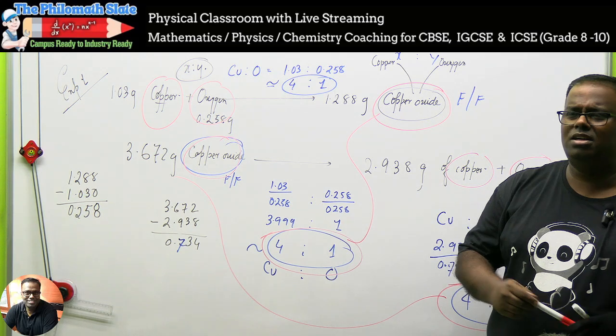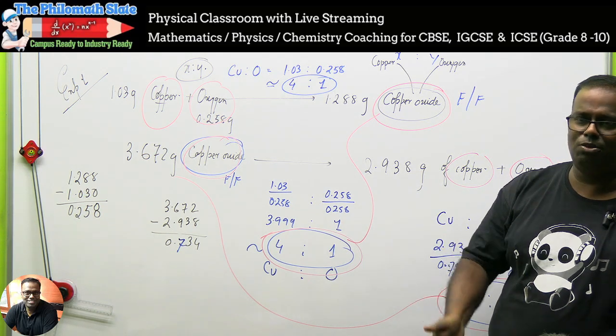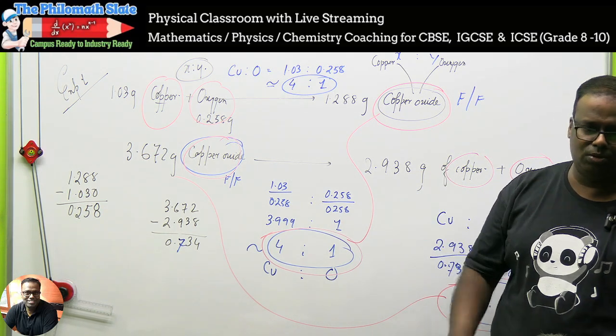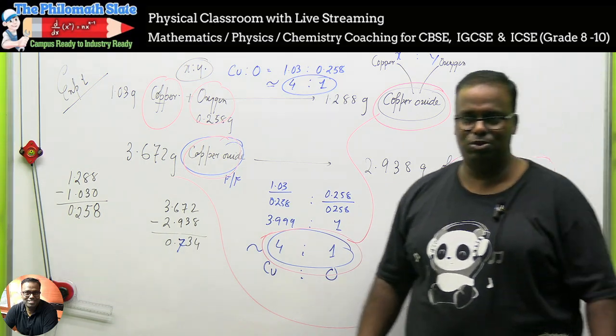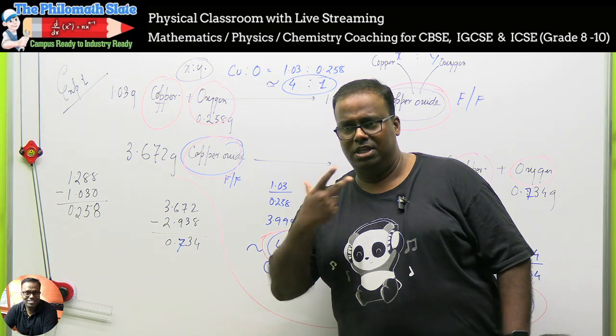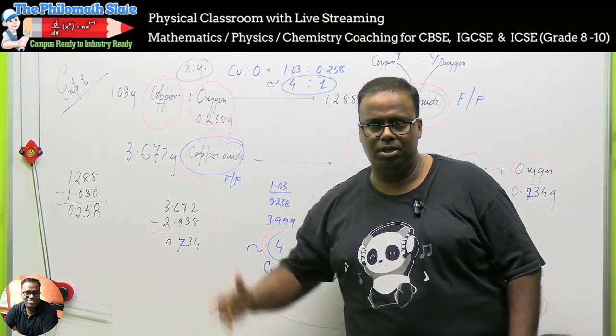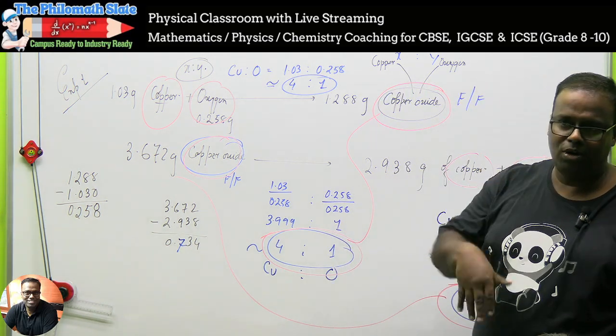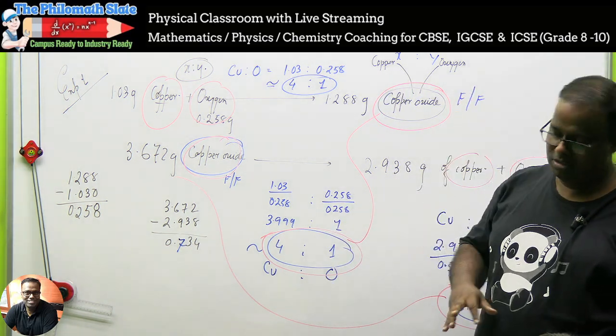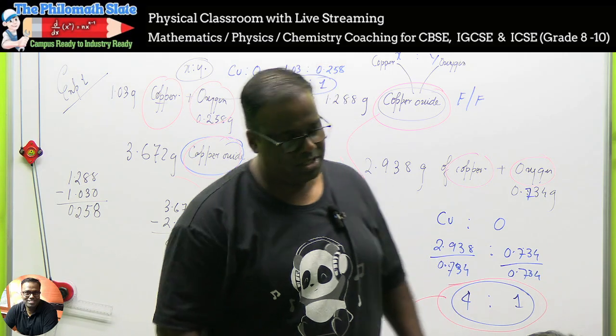You buy a Dolo 650 from here and you buy a Dolo 650 from Ahmedabad, मेडिसिन अलग होगा क्या? Fixed proportion by weight. A Benadryl cough syrup here and a Benadryl cough syrup in Coimbatore will taste the same? Yes. Fixed proportion. Horlicks here and Horlicks there is same. Then you have understood. Yes, sir.